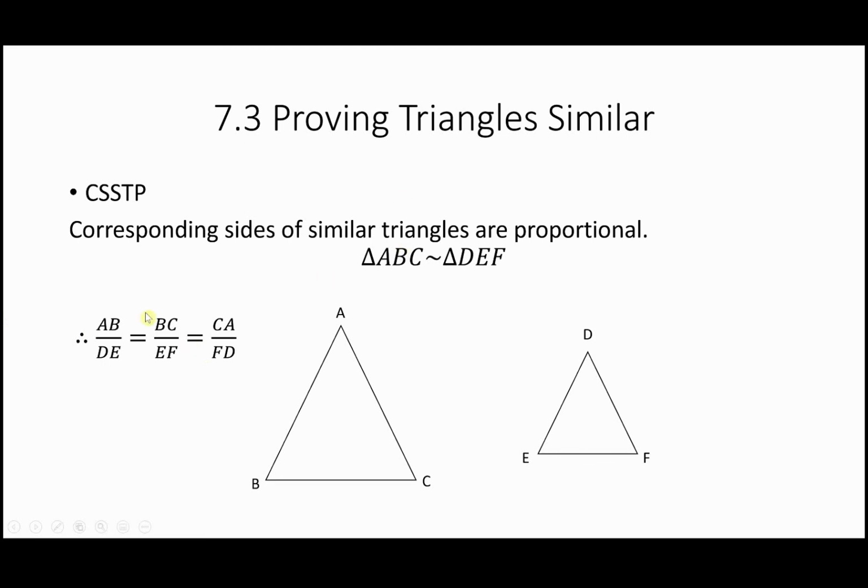That's the thing that gets to be said if triangles are similar to each other. You can CSSTP your way into making this conclusion, or any piece of it. So you don't necessarily have to state all three of these ratios being equal. You can have any two of the ratios equal to each other and use CSSTP as justification.